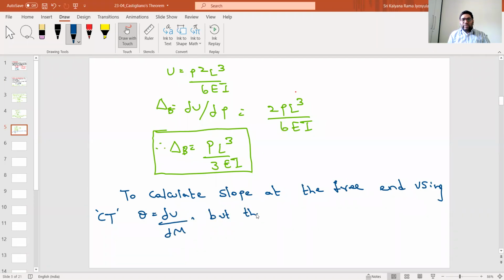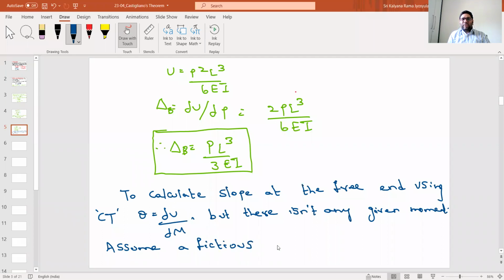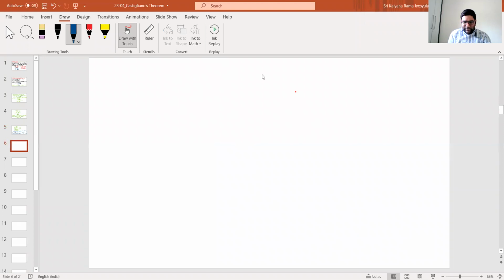But there isn't any given moment in the beam. Therefore, assume a fictitious moment, which is not real, a fictitious moment capital M at free end.